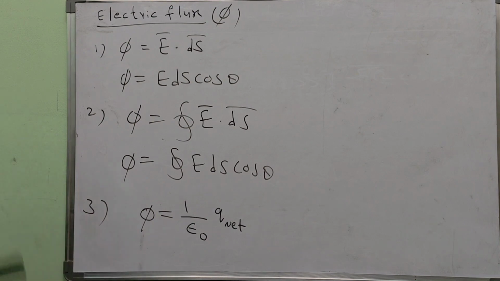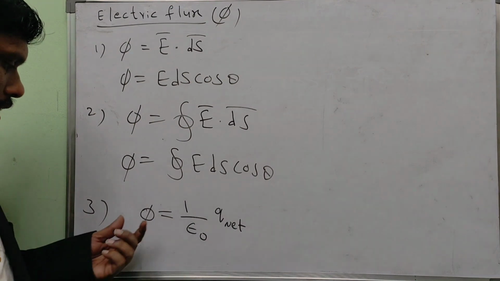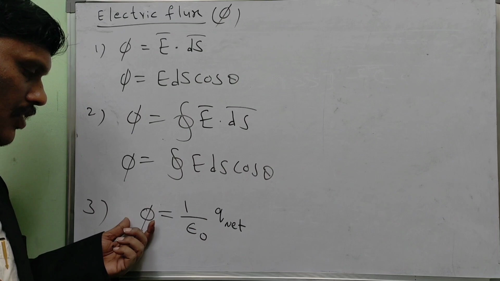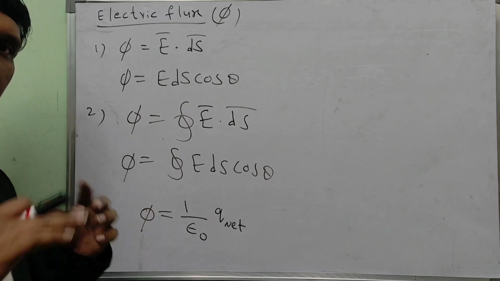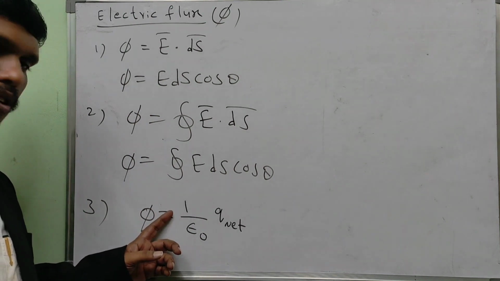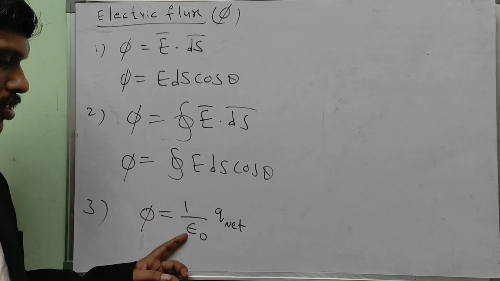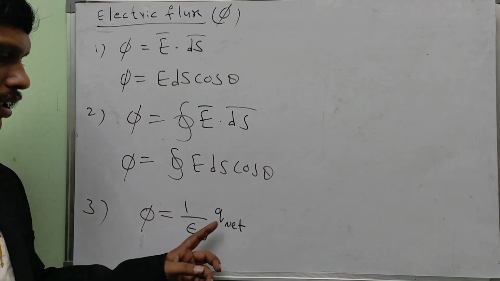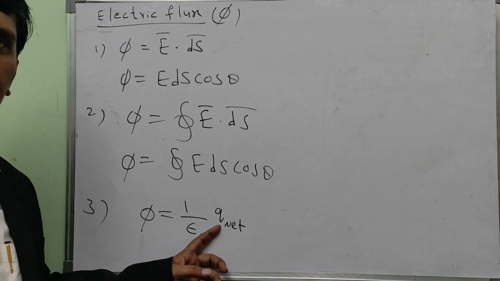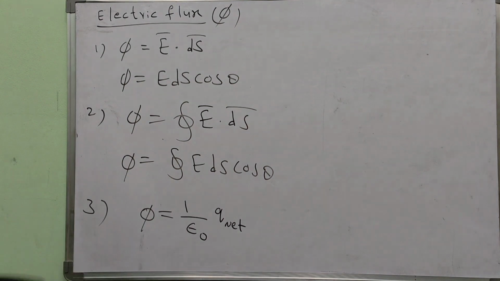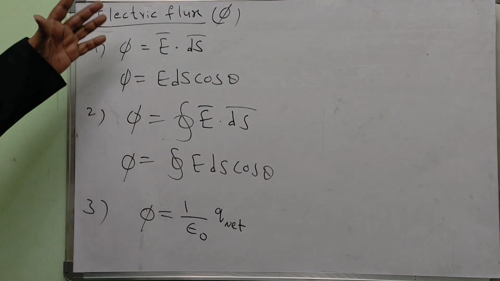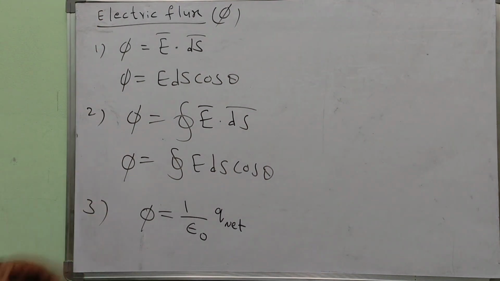So according to Gauss law, the electric flux through any closed surface is equal to 1 upon epsilon naught times the net charge enclosed in it. These are the electric flux formulas, my dear students. Just remember.